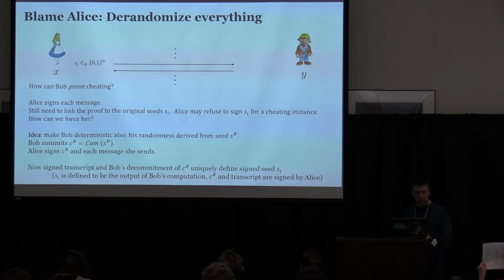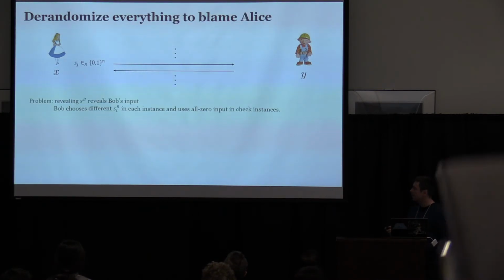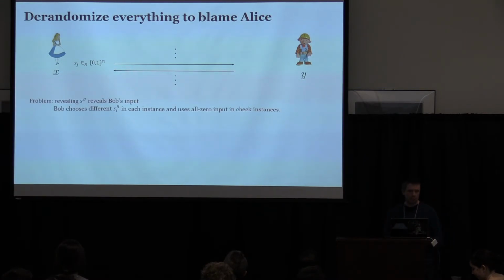There are a couple of smaller issues. For example, we need to reveal Bob's seed as part of a certificate. But that's fine because we choose a different seed for every one of the Lambda instances, so revealing those is not a problem because those are not real executions.